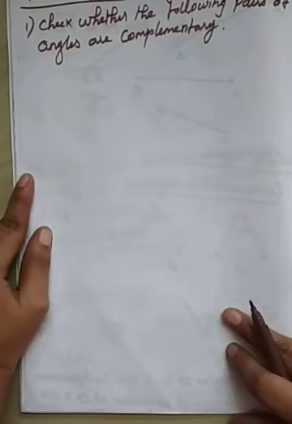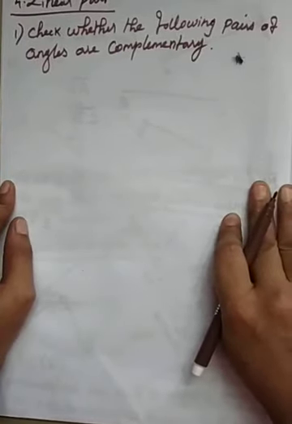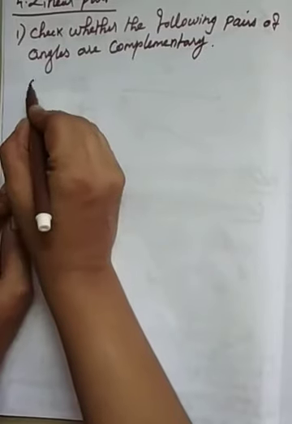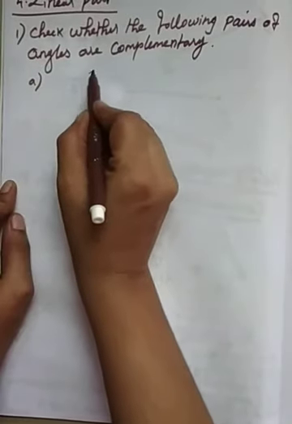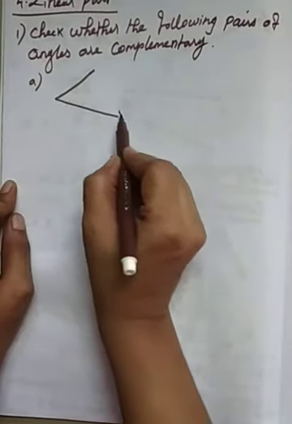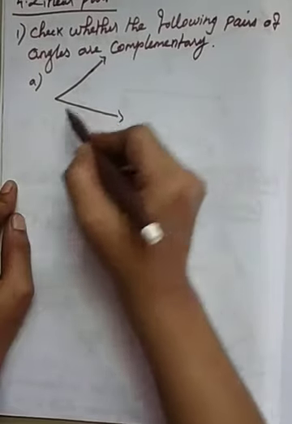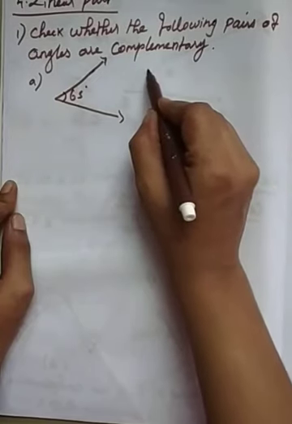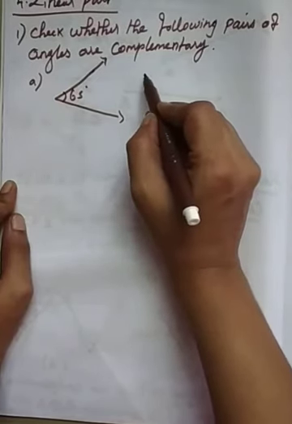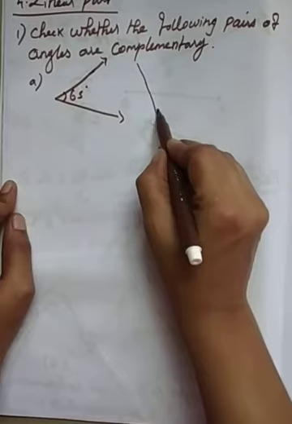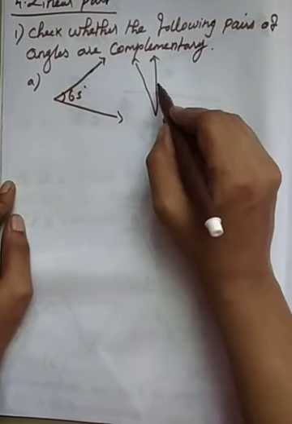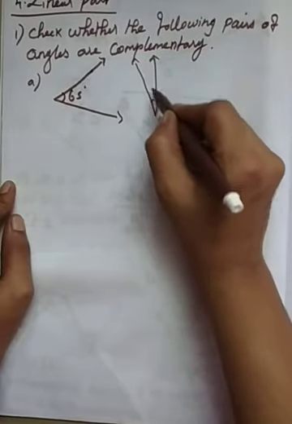Your question is: check whether the following pairs of angles are complementary. See the first diagram. I can take this one as 65 degree. Next, this one, let us take 15 degree.